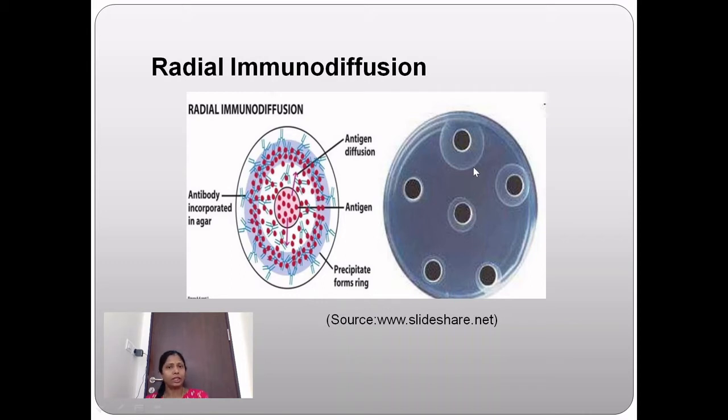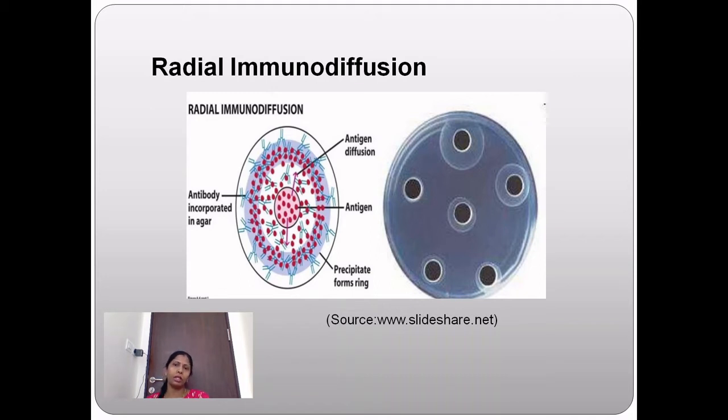It is important to understand that the precipitin rings are formed at a point where the concentration of the antigen and antibody reaches the equivalence zone. Surrounding the well, very near to the well, the concentration of antigen is usually higher, but as diffusion proceeds, the concentration decreases due to increase in the size of the area, and it takes longer to reach equivalent concentrations in case the initial concentration is higher.